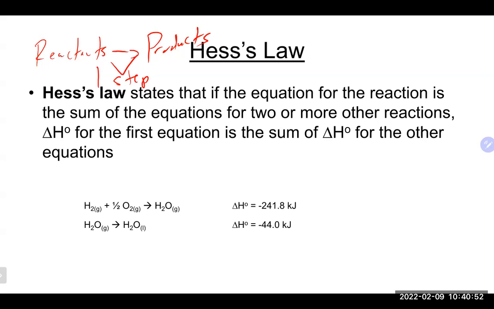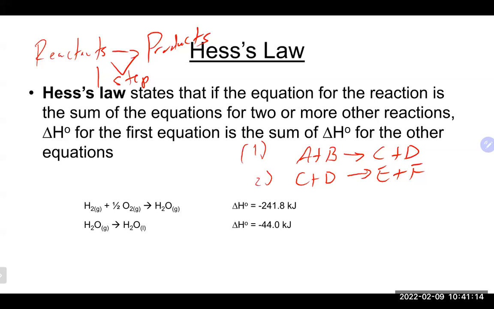And it really doesn't. Most reactions happen in multiple individual steps along the way. So for example, you may have A plus B goes to C plus D, then C plus D react and make E plus F. And these are a one-step, two-step process here.